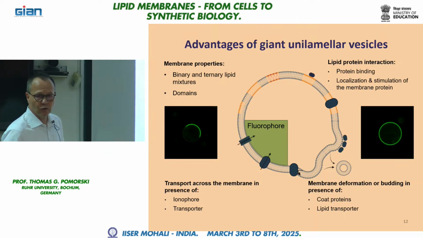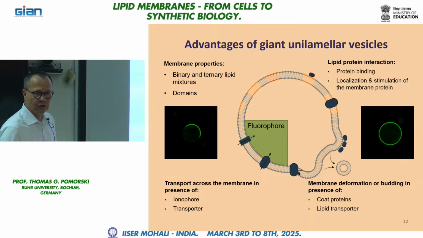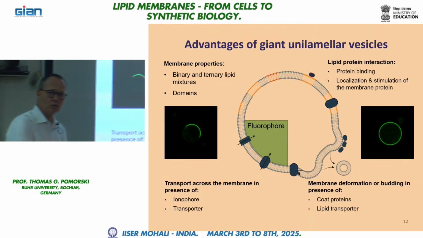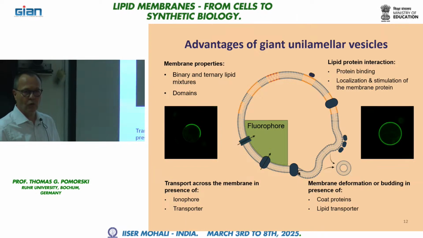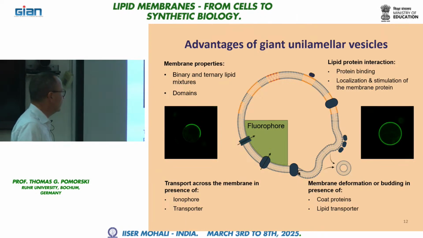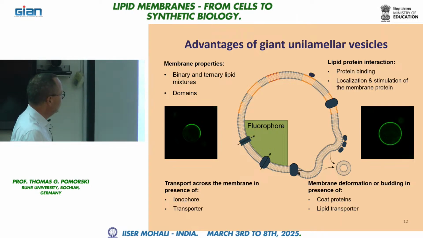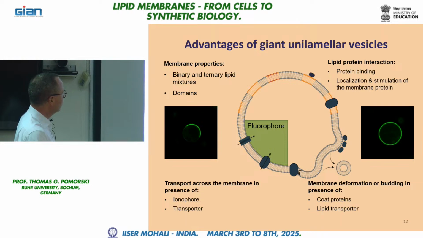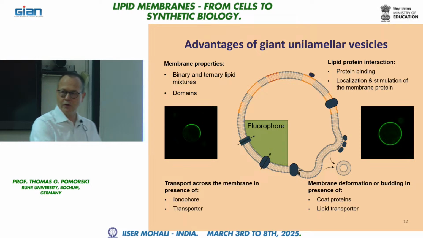Maybe let's first look at whether there are any advantages of these giant vesicles versus the small vesicles. First of all, they are more easily analyzed under the microscope. That allows you, for instance, to study membrane properties like domains. You can make these giant vesicles not only from one lipid type, but from mixtures of lipids.